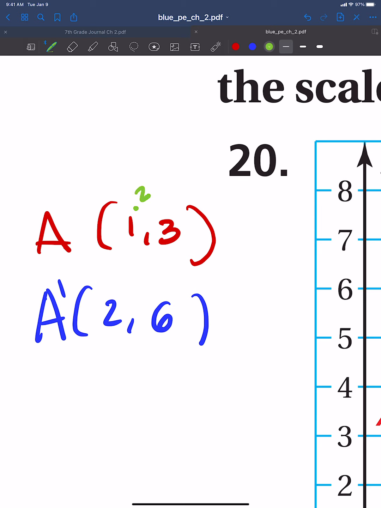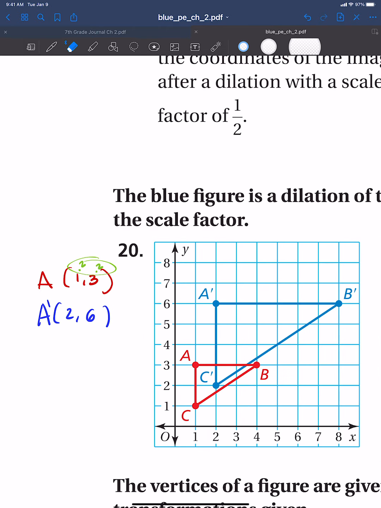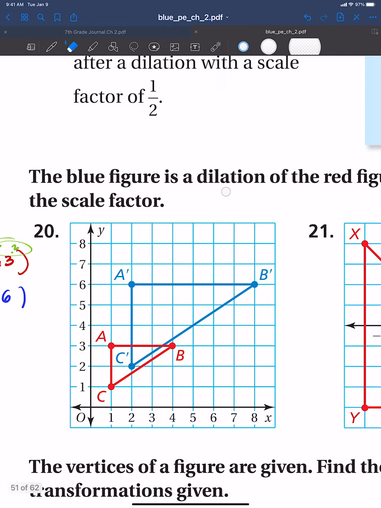Well, that's easy, 2. 3 times 2 gets you 6. It worked, right? It has to be everything throughout. I'm going to assume that it works for everything else because it does tell me it is a dilation, okay? So I'm going to say the scale factor, I'm just going to say K to make it easy. K equals 2, and then I would say it is an enlargement.